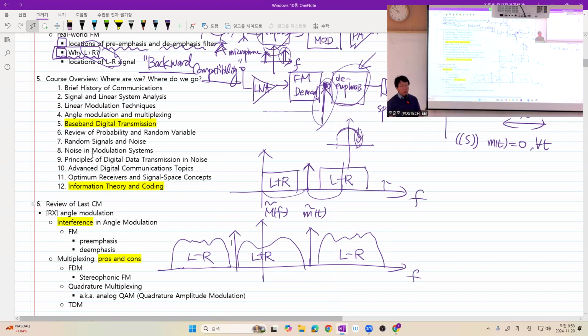The first course covers all the analog and digital communications, and around this point was the midterm exam coverage, and they cover that part. And they have a separate communication networks course in the next semester, where they talk about Wi-Fi and cellular standards.